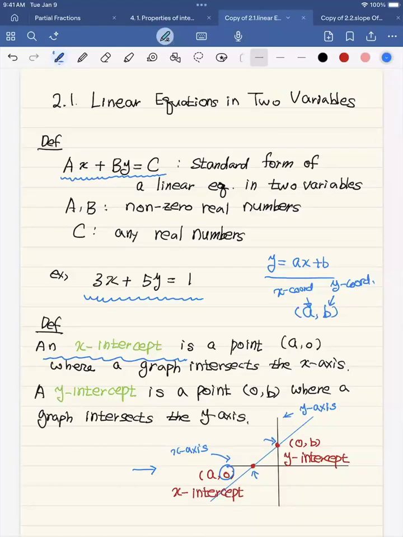And the y-intercept is a point where the straight line passes the y-axis. Any point on the y-axis will be represented with 0 in the x-coordinate. So the coordinate form will become like (0, b).